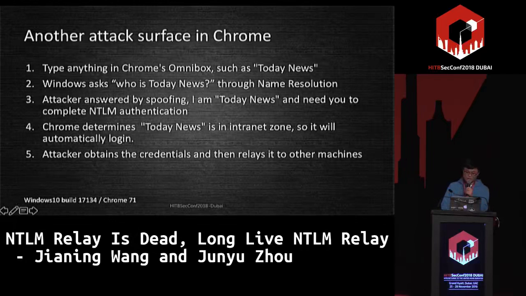The attacker can answer by spoofing: I'm Today News, and you need to complete HTTP NTLM authentication. Then Chrome determines that Today News is in the internet zone, so it will automatically log in. After that, the attacker obtains the credentials and then relays them to another machine.